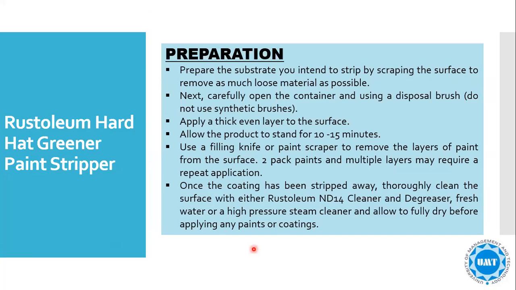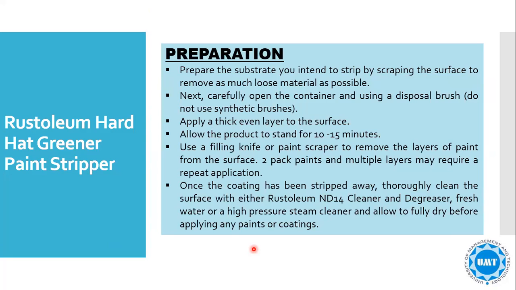If we talk about how it is applied, we have to prepare the substrate you intend to strip by scraping the surface to remove as much loose material as possible. Next, carefully open the container and, using a disposable brush, do not use synthetic brushes, apply a thick, even layer to the surface.